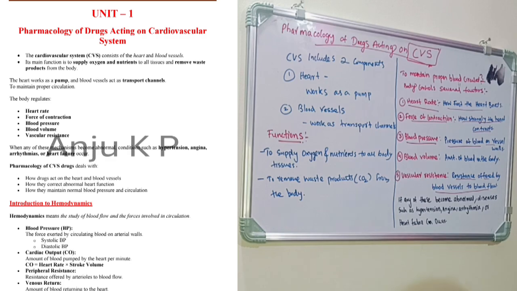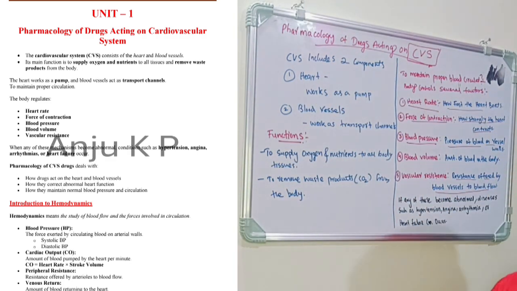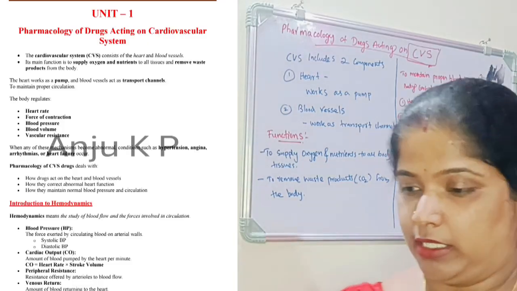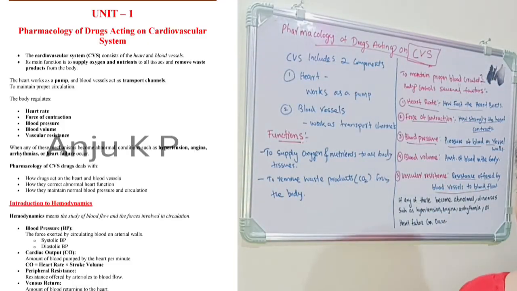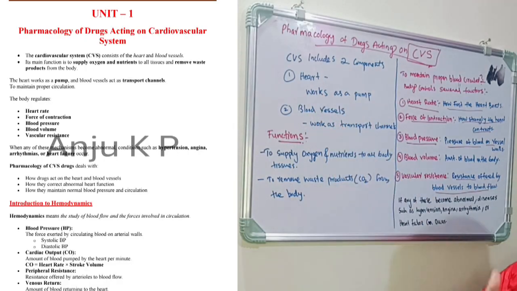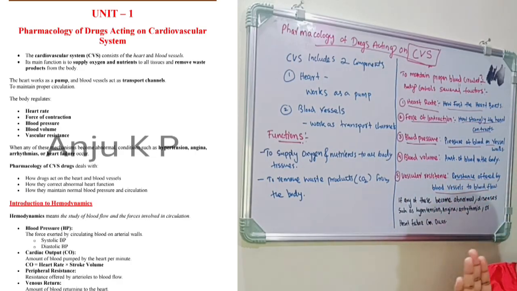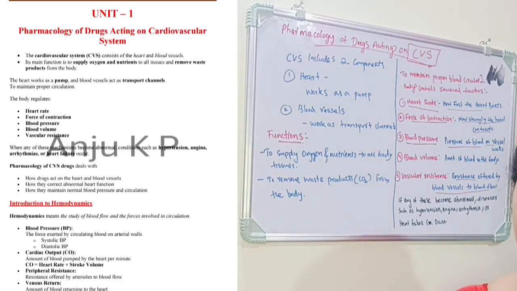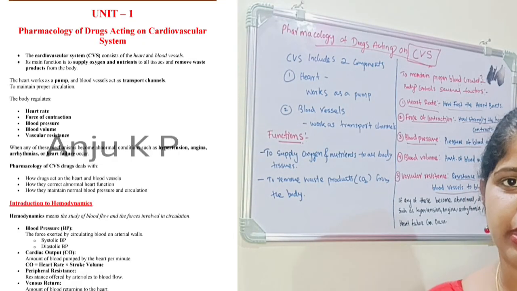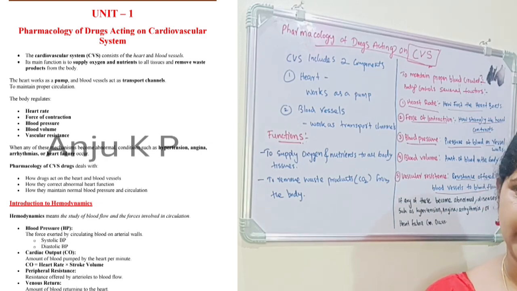So here we will study the pharmacology of drugs acting on CVS, that means drugs related to the heart and blood vessels. First of all, remember that CVS drugs are life-saving medicines. We will study them category by category in this unit.